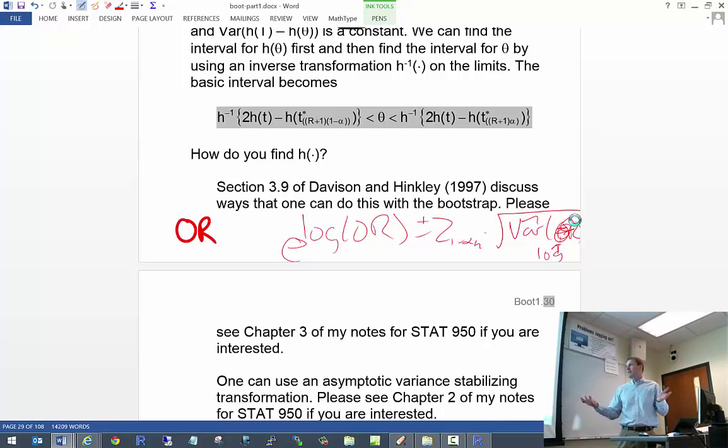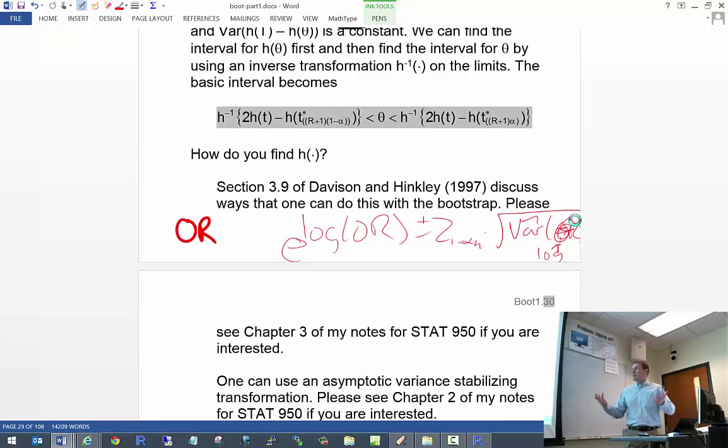If you hadn't had me for 875, of course, well, you should have taken my course, but it's not a big deal. I would assume that you've probably seen in other courses where you use a transformation with a statistic, because that statistic is maybe better approximated with a normal distribution after that transformation. You still want then the interval based upon the original scale before the transformation, so you just use the inverse transformation.